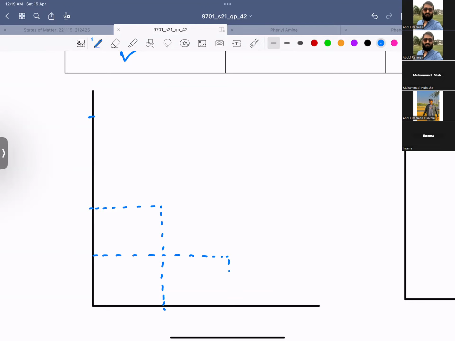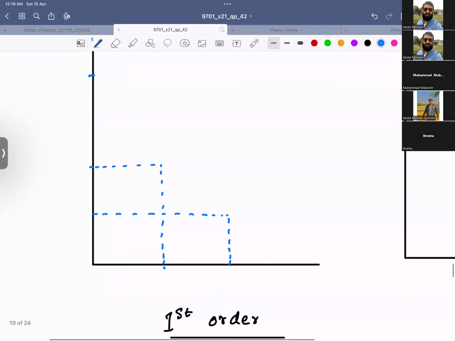and I would make another thing like this, but I have to make sure that these two gaps are exactly the same or almost the same. Now afterwards, I will draw the graph like this for the first order.